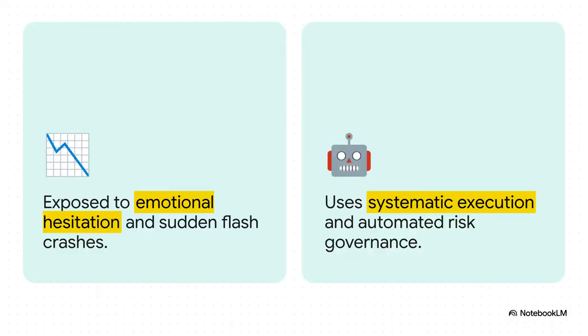The contrast between the two approaches is pretty stark. Manual trading leaves you completely vulnerable to emotion, hesitation, and those out-of-nowhere flash crashes. Because, well, you're human. Quantum Cobra, on the other hand, utilizes automated risk governance to stay 100% objective. It doesn't feel fear, it doesn't get greedy. It just reads the data and systematically executes the logic.